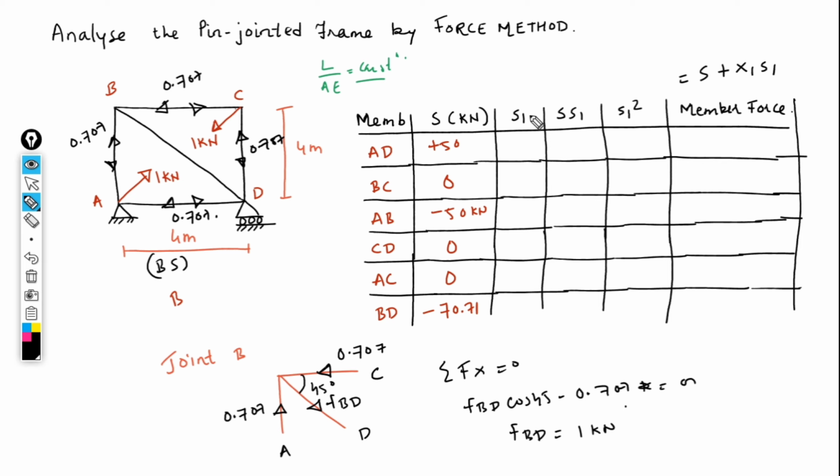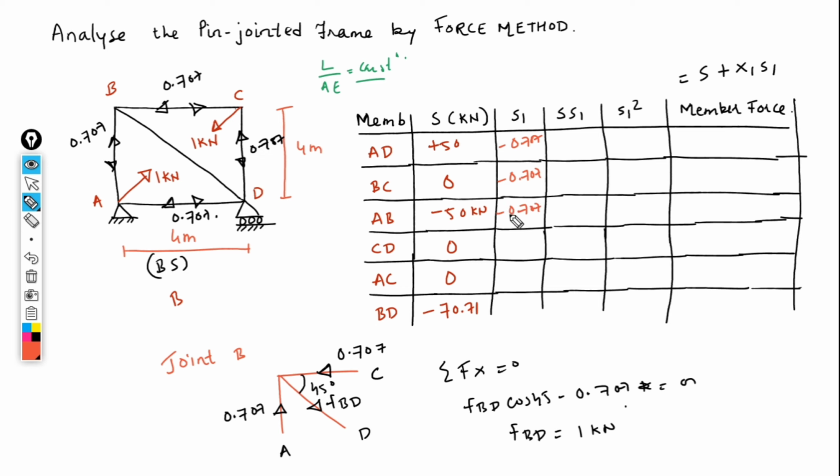Now I can write down the value of S1. For AD it is minus 0.707. For BC again it is minus 0.707. For AB minus 0.707.